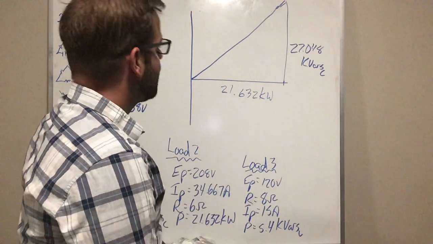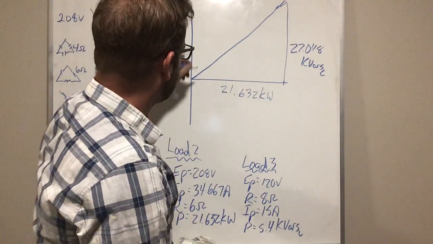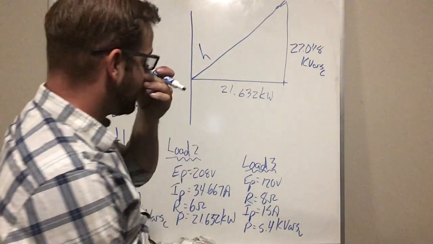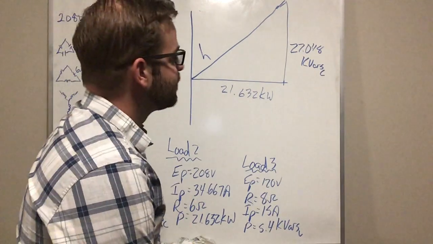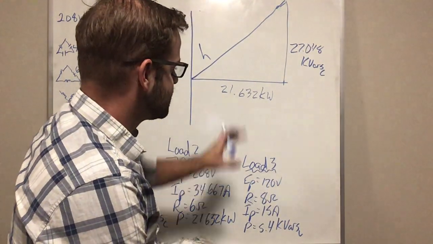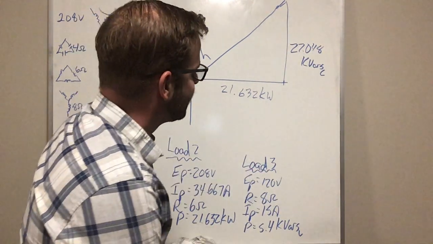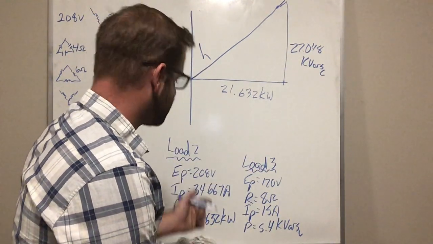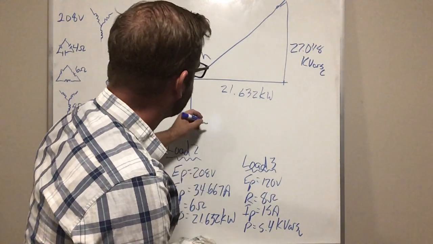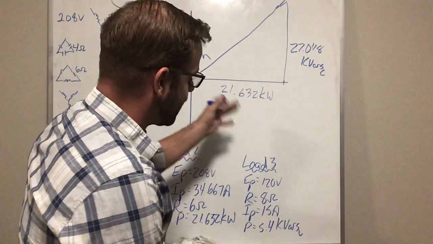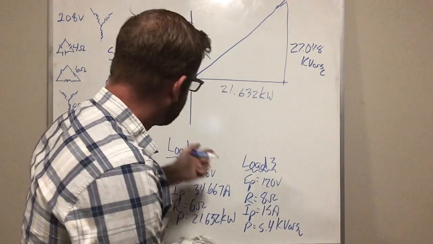And once we have those values, we need to find out what our hypotenuse is. And this is going to be our apparent power, because there's a reactive and a resistive power involved. So we do the Pythagorean theorem. Our a squared plus b squared equals c squared.